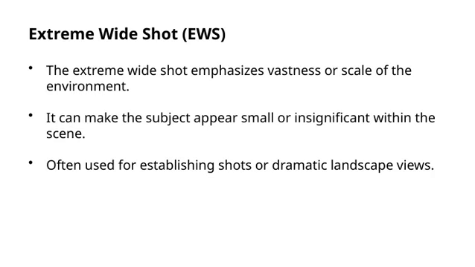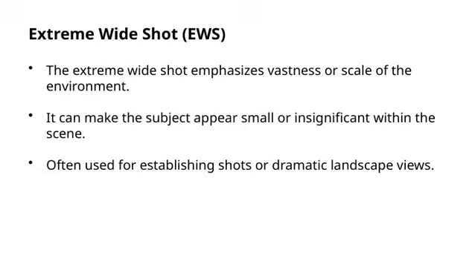Let's talk about the extreme wide shot, or EWS. This type of shot is all about capturing a vast area, emphasizing the scale or grandeur of the environment around us. It helps viewers really grasp the scope of what's in the scene. One of the key effects of an EWS is that it can make the subject appear small or even insignificant within the larger landscape. This feeling of vastness can evoke emotions like awe or insignificance, which is often exactly what we want to achieve.